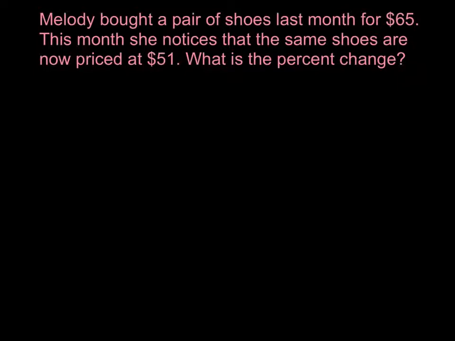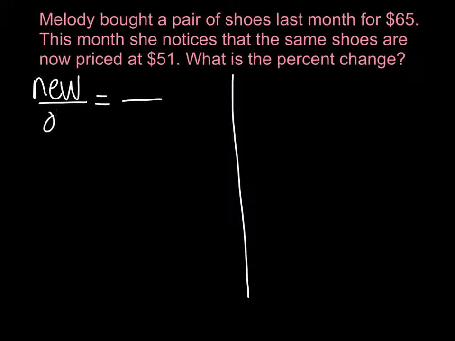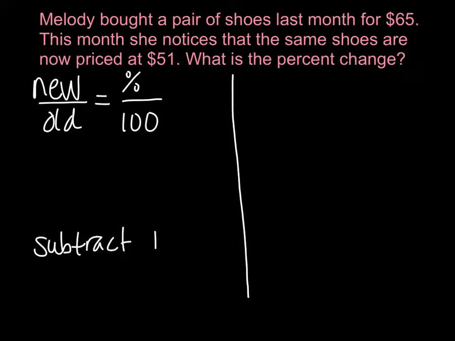Okay, so like I said, you need to make a decision. Okay, there's basically two ways in which this can work. The first way is you are going to set up your proportion, okay, and do, let's say, new over old equals percent out of 100, and then at the end, you subtract 100, and that'll give you your percent change, okay?